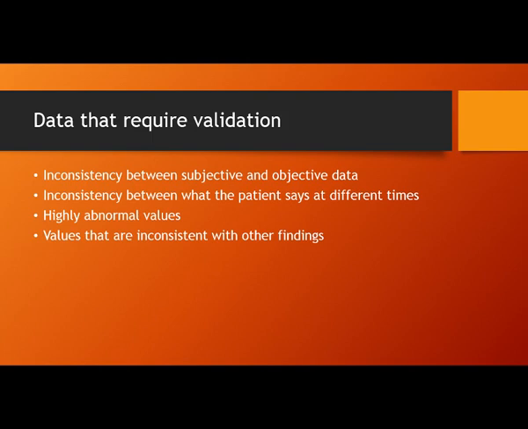And that could be a value that's inconsistent with other findings, like maybe that hemoglobin is 6, but the patient is up walking, has no dizziness, blood pressure is fine, and everything else.